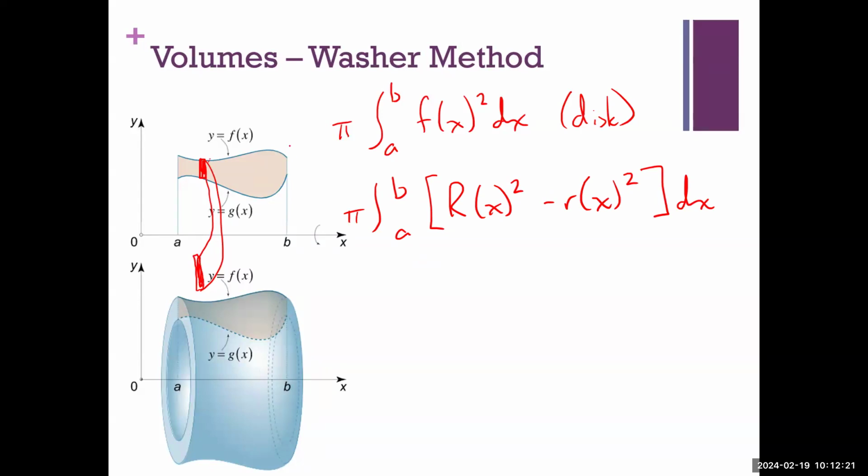Because basically, with this little rectangle that I drew here, the way that we find these volumes, everything we've talked about so far, is we're finding the volume of cylinders. The way to find the volume of a cylinder with another cylinder punched out of the middle of it is to first find the volume of the larger cylinder. So this is my outer radius. Then find the volume of the smaller cylinder given by my inner radius, and then find the difference between them.